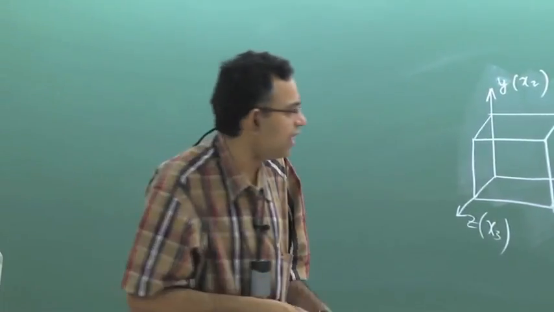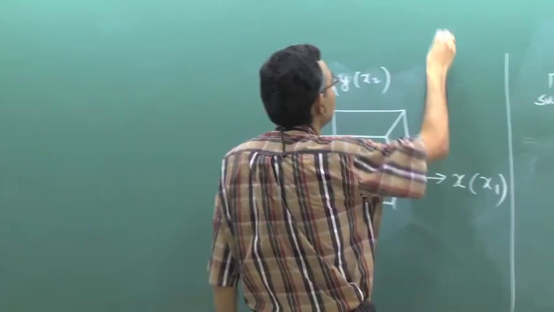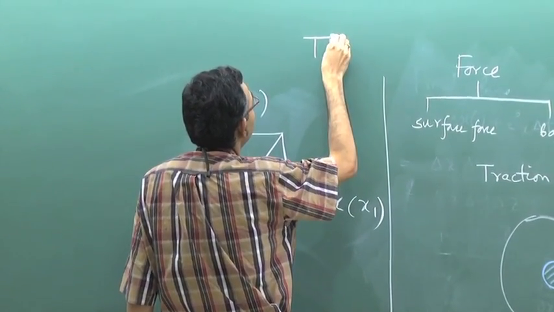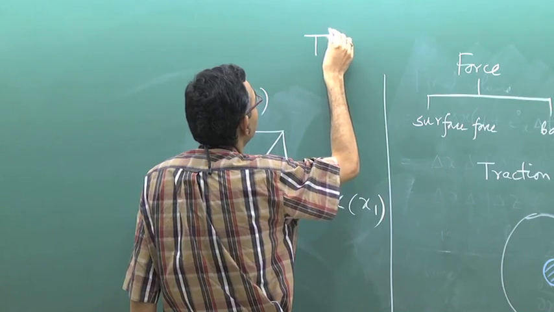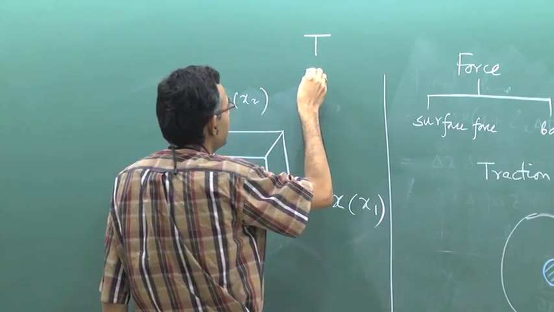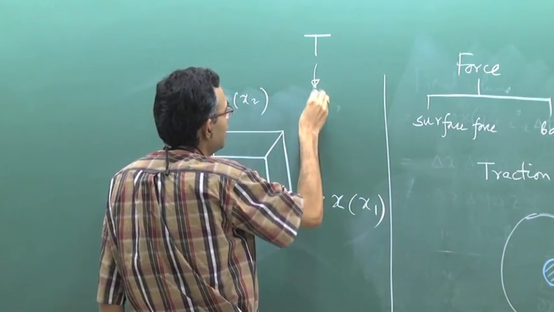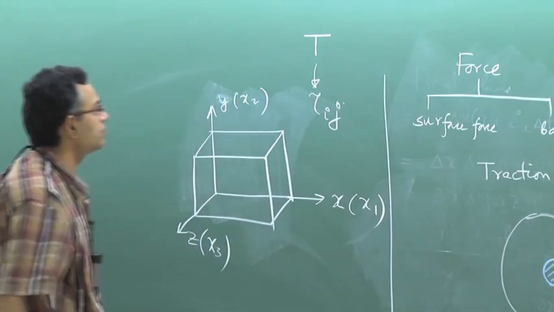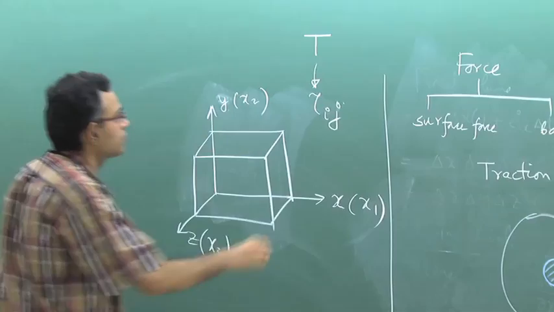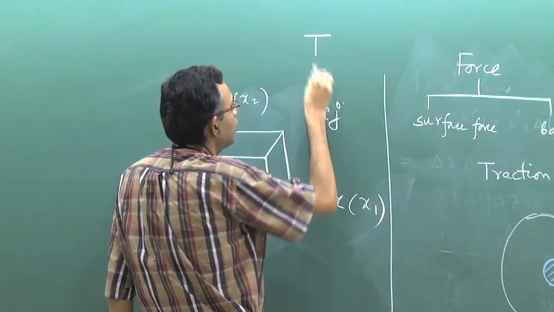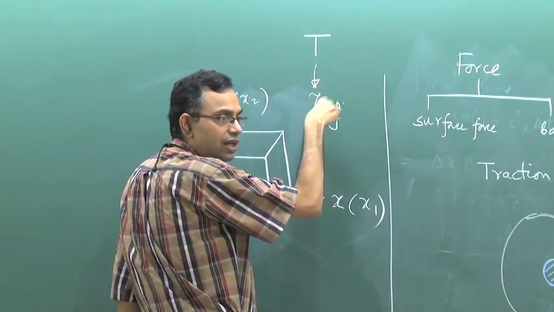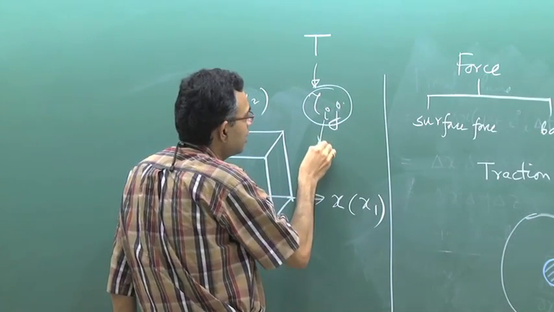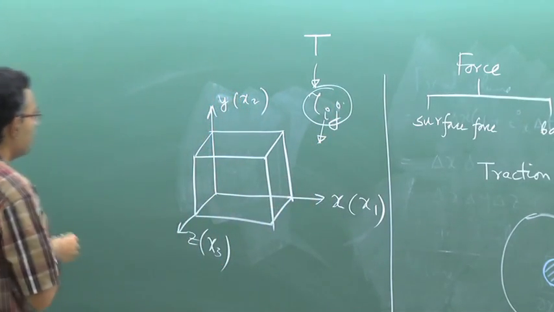So for this surface, this traction vector is alternatively replaced by a notation of tau ij. It is represented by the notation tau ij, where what does this i indicate? I will write it separately.